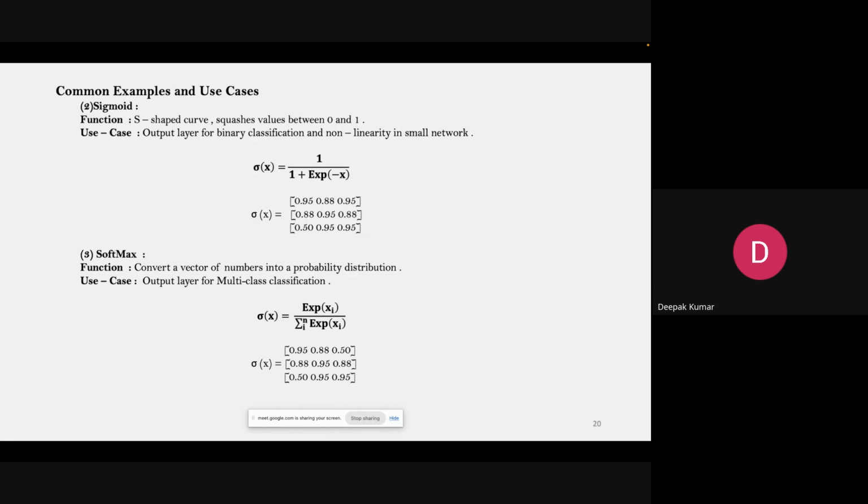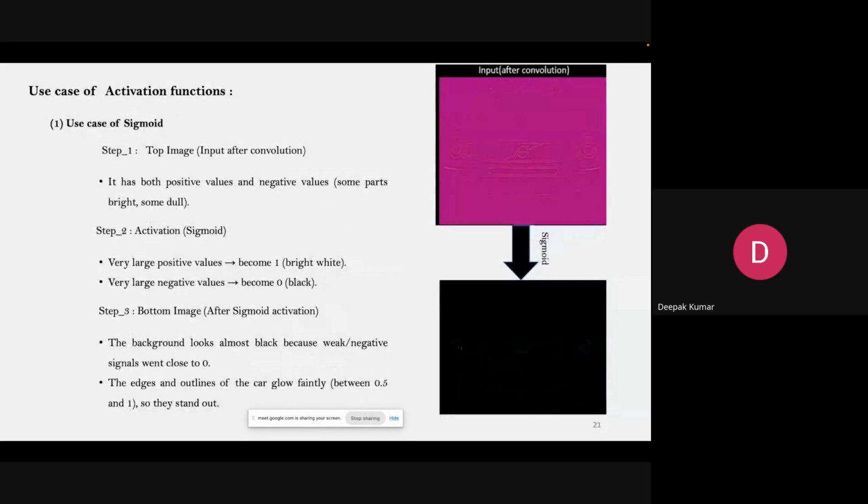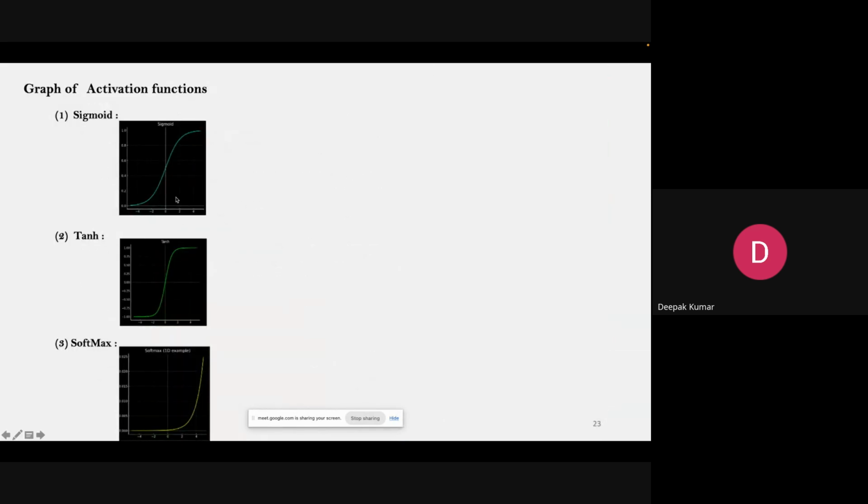The second is slightly more complicated. It seems like more mathematics, and is a completely non-linear S-shaped function, the sigmoid function. We have heard about it; it was one of the most popular and widely used earlier, but nowadays it is used slightly less compared to the ReLU activation function. The mathematical function is 1 upon 1 plus exponential of minus x, and it is an S-shaped function.